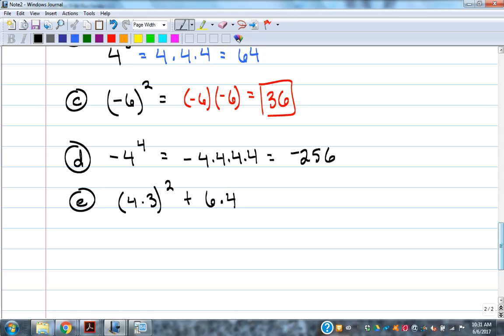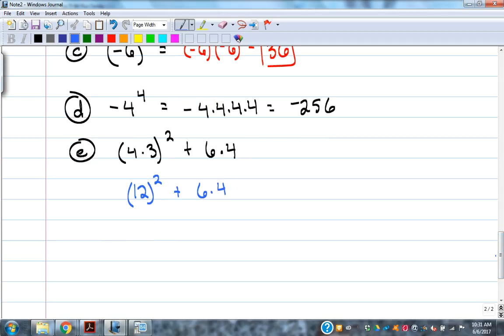If we're looking at order of operations, the first thing that should happen would be parentheses. So 4 times 3, 12. And then the next step would be exponents. So we're going to square the 12, 144. And I'm doing this one step at a time.